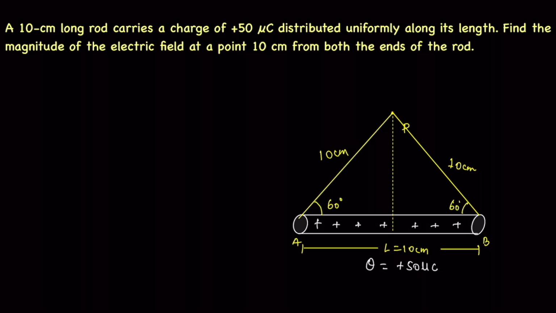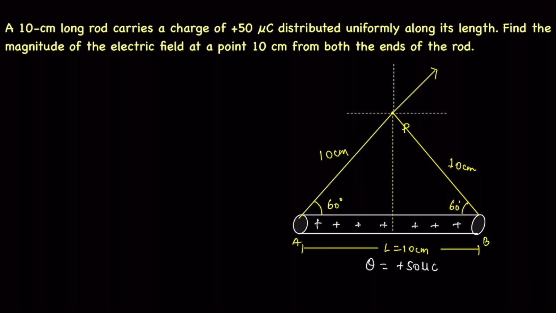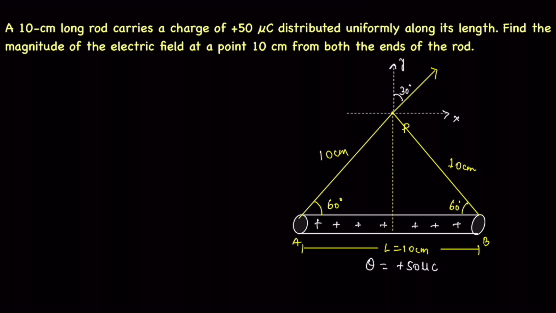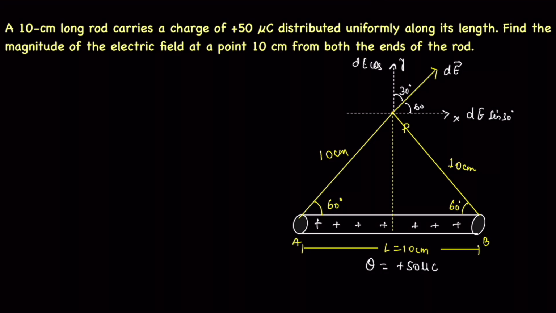Now if we consider our point A, the direction of electric field is going away, and if we make the components of it, this is the x-axis and here is the y-axis, and this angle is 30 degrees because this is 60, so this is 30. If we make the components of dE, we will get dE sin 30 degree and dE cos 30 degree.